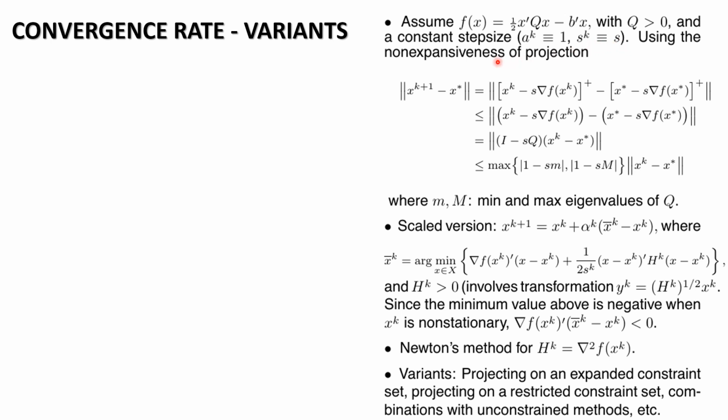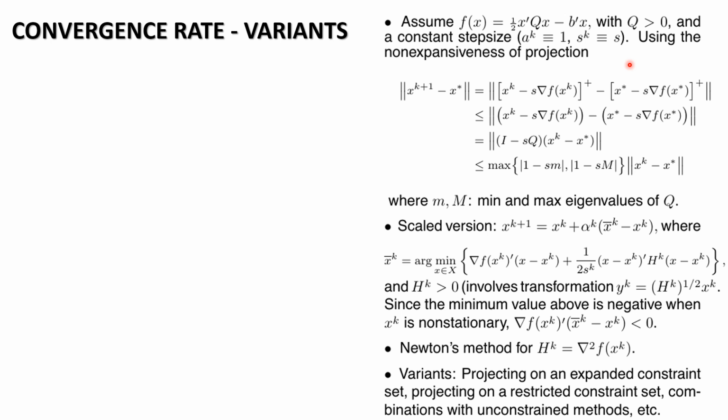For constant step size assumptions, consider alpha k identically equal to 1, so sk is equal to s. This simplifies the update to xk plus 1 being equal to the projection of xk minus s times the gradient of f at xk. And as always, this plus here is a projection onto the feasible set X.